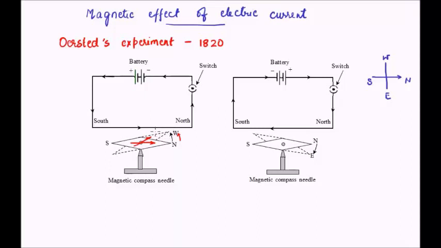That was the case when the magnetic needle was placed below the current carrying wire, when the current is being carried in this direction. Next he kept the circuit the same, that is the current is flowing from this end to this end, but now he placed the magnetic needle above.